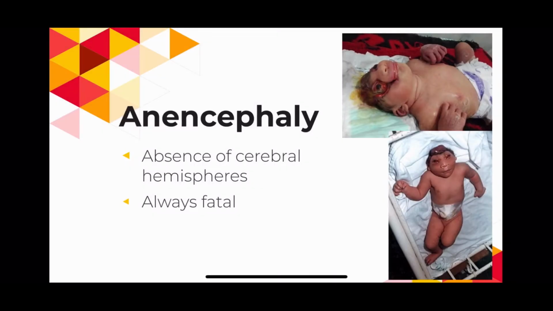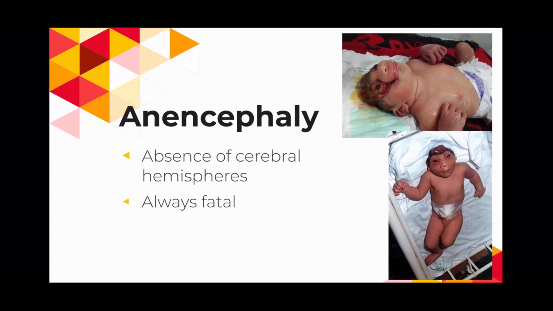So the first of these congenital neurologic abnormalities we are going to look at is anencephaly. This is one of the words on your word list, and if we break this word down into its parts, we know that the prefix "an" means without. The root encephaly means a condition of the brain.